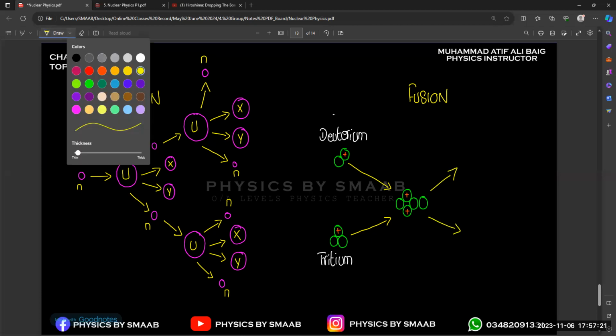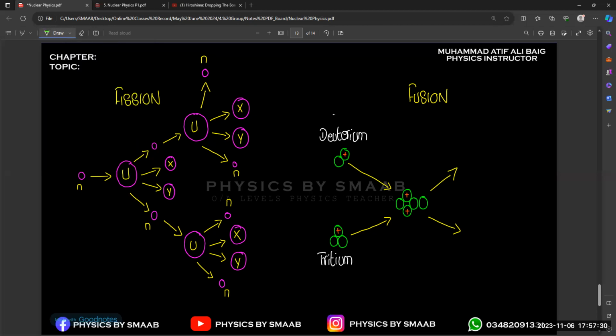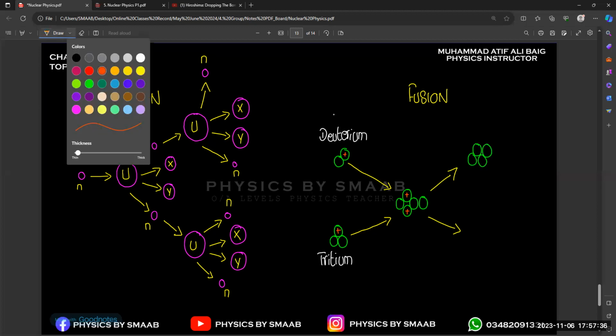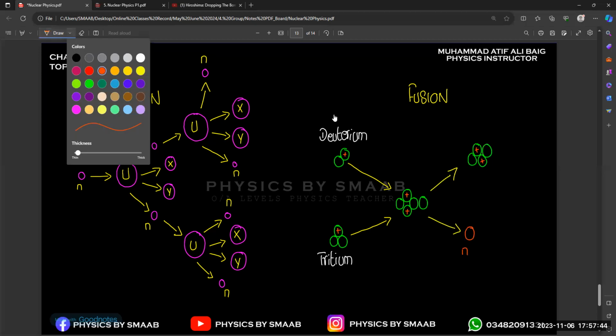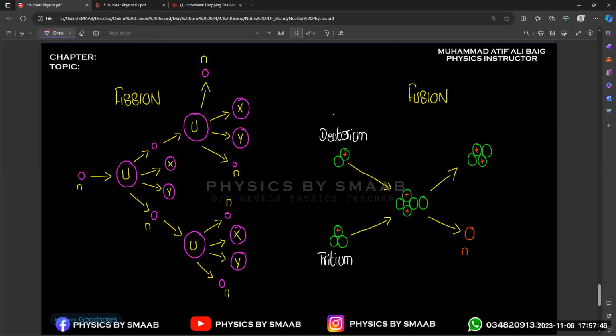Just observe practically how much heat you are getting from the sun. So it just combines over here: positive, positive, and one neutron, plus we are also getting a very high amount of energy.